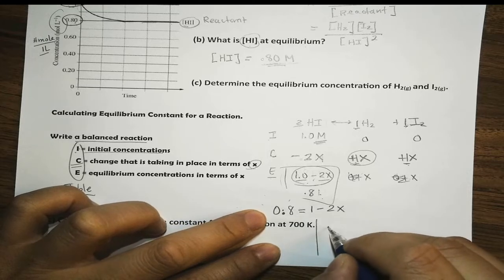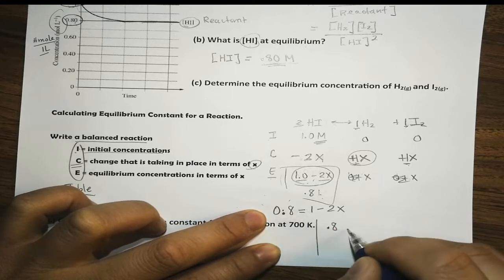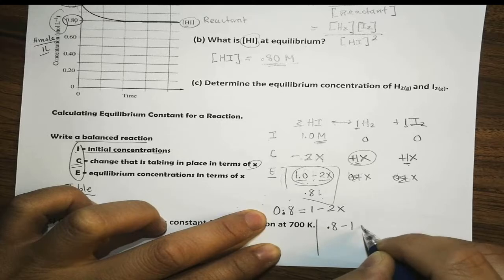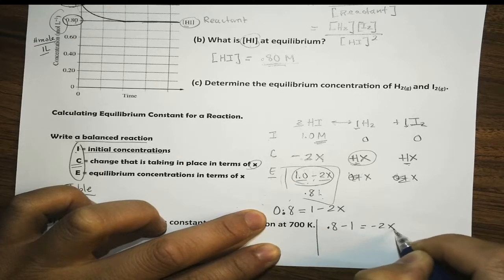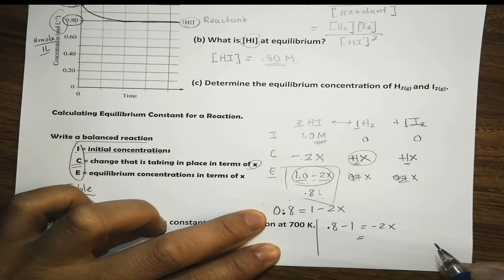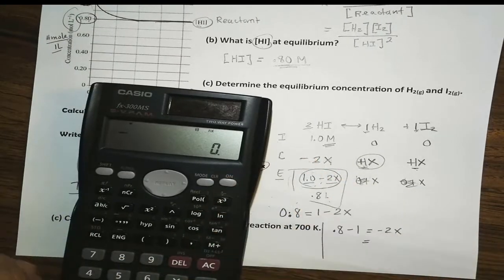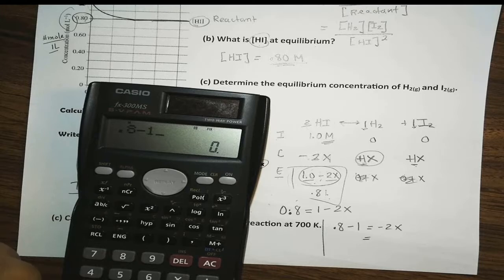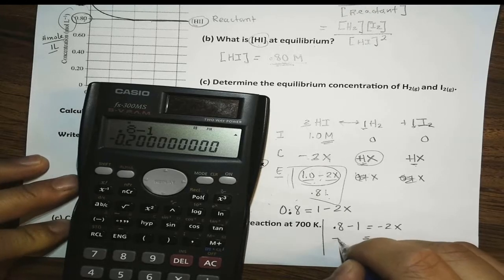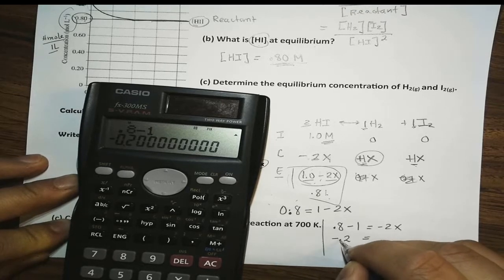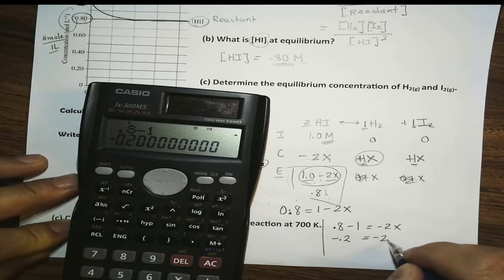So what we have here is 0.8. We bring over the 1, so minus 1 equals negative 2x. Let me show you on a calculator so you can do it later on. 0.8 minus 1 equals what? Negative 0.2. There you go, equal to negative 2x.